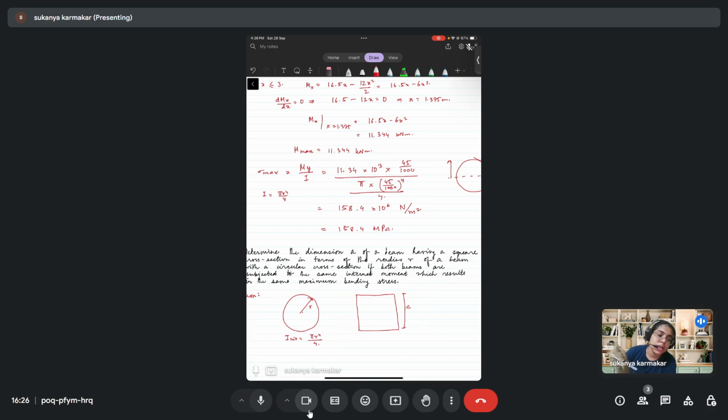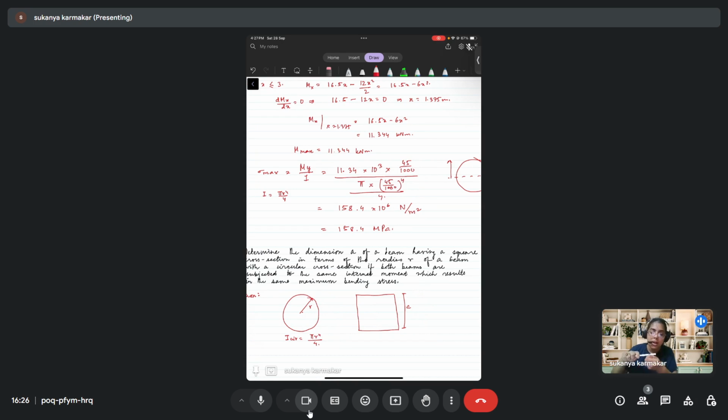While in torsion, you use the polar moment of inertia, that is the moment of inertia about the z-axis. Suppose this is the slender bar and the z-axis is along this axis, you apply a torsion about this. So that was the polar moment of inertia which you used in torsion.